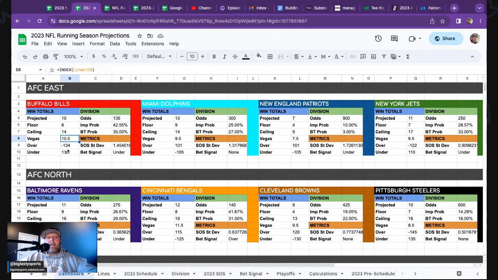Before the season, I will probably only update these lines every couple of weeks. But when we get into the season, I will be updating them a couple times per week. And if you follow on Substack, I will get out when these lines are going to be updated. So what this gives you is not only the line on their over and under, but the best line on the over and the best line on the under.